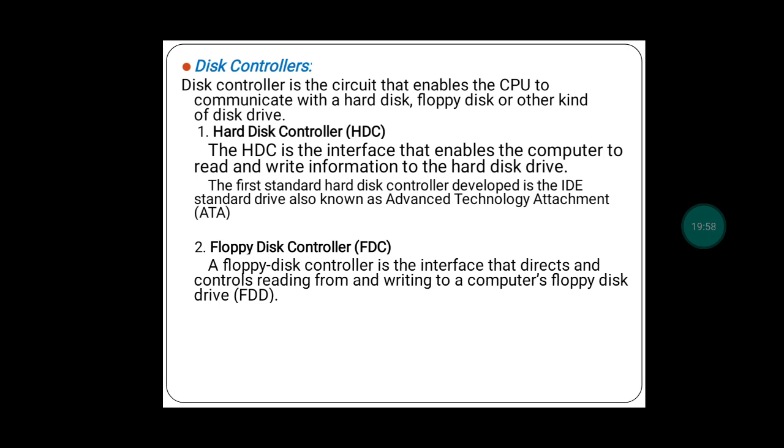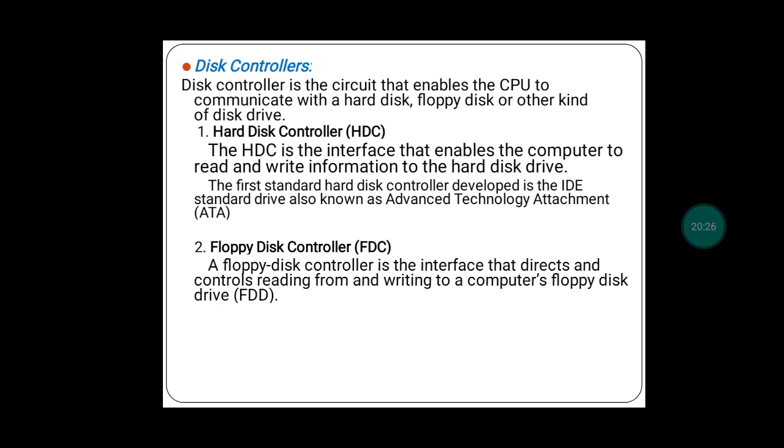So floppy disk controller is also an interface that directs the control of reading and writing to the computer's floppy disk drive. This controller is used to read, in a sense view, the data from a floppy disk and store or write the data onto the floppy disk drive.